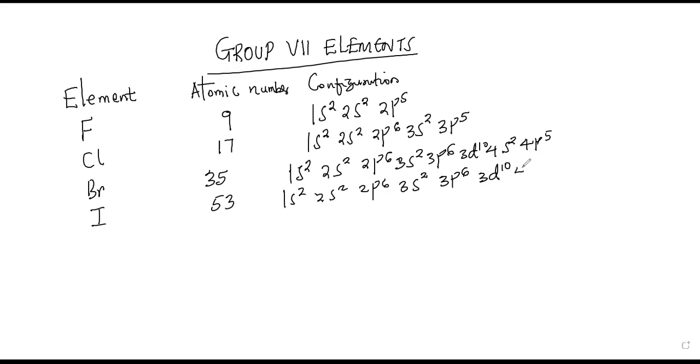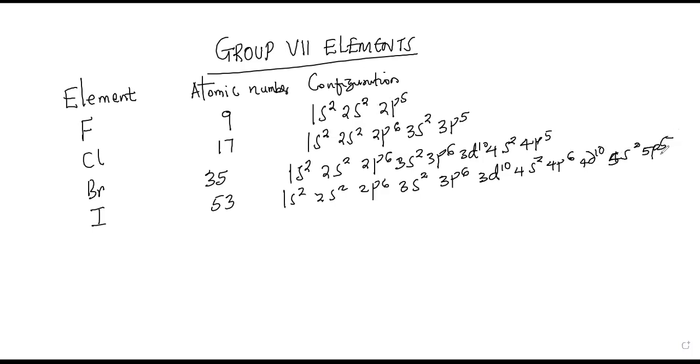From 3d10, we go to 4s2, 4p6, 4d10, then 5s2, 5p5. Now looking at all this, you find that we end up with s2p5, s2p5, s2p5, s2p5.